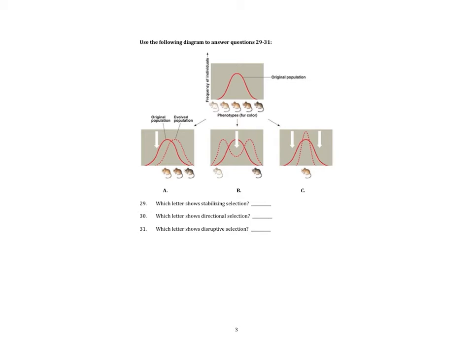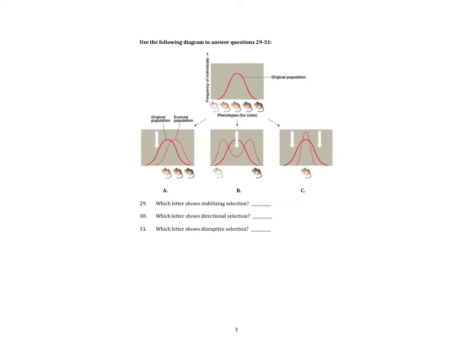And you'll notice that the bell curve has this shape. That's called a normal distribution. The normal distribution means that most of the mice are this middle color, so this kind of brown color. And then we have several other colors that are less common towards the lighter side and then also towards the darker side.